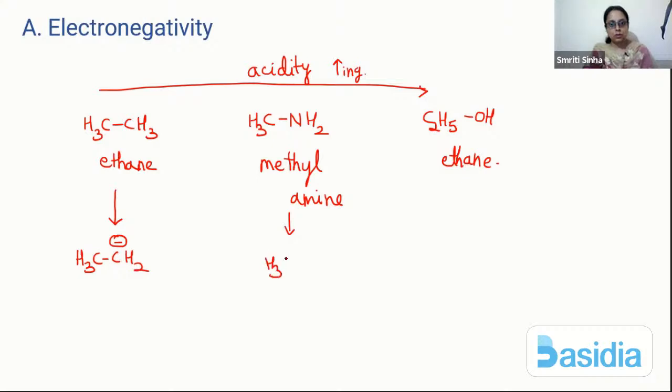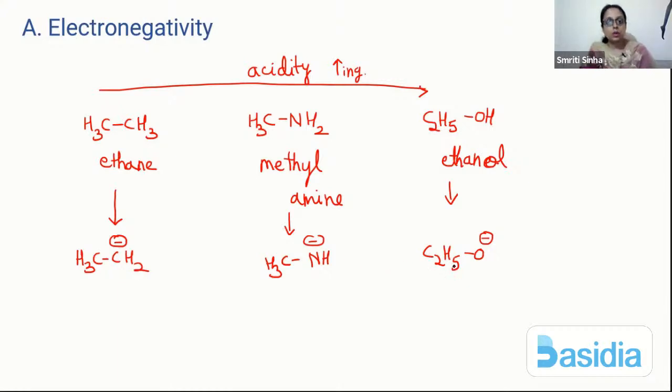Similarly, this one will also get converted to its conjugate base, and similarly, ethanol will also get converted to the conjugate base. So ethane, methylamine, and ethanol, all of these three are getting converted to the conjugate base.